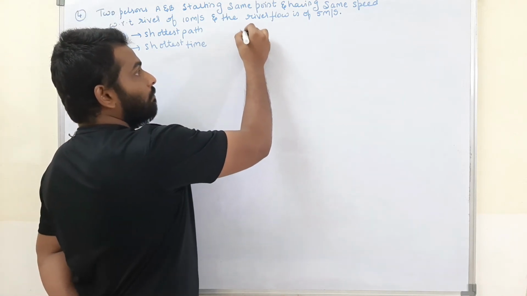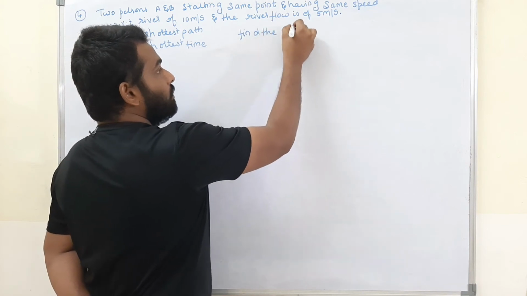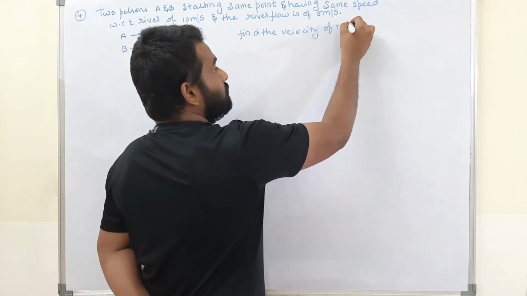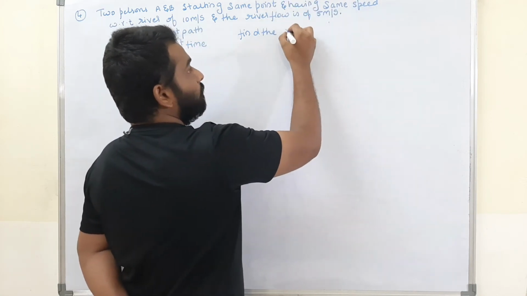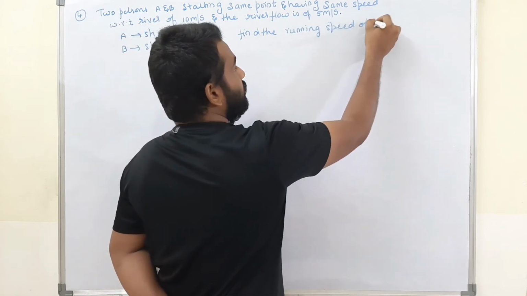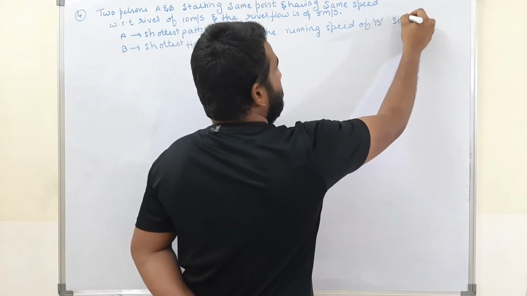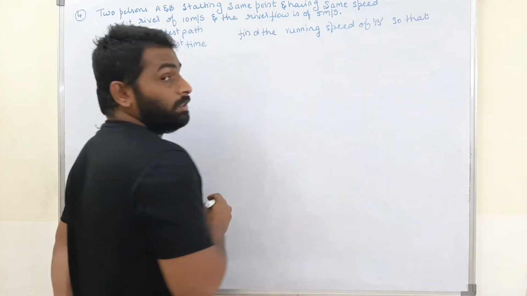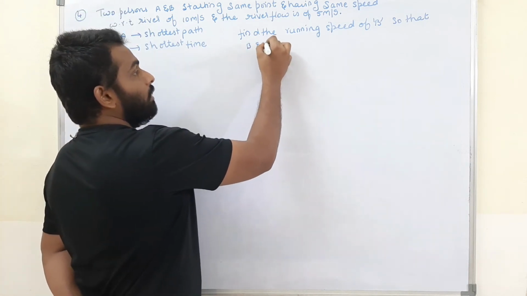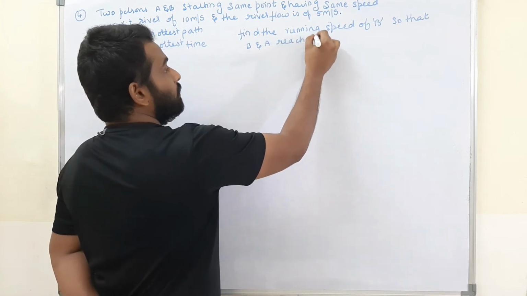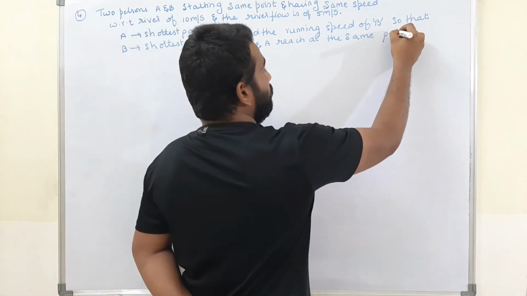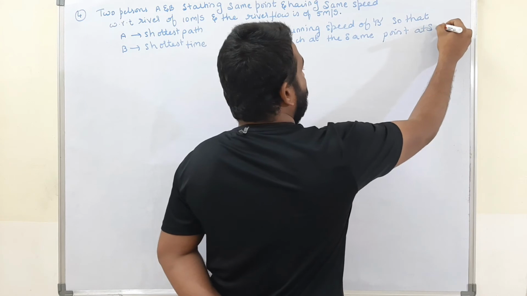Now find the running speed of B so that B and A reach the same point at the same time.